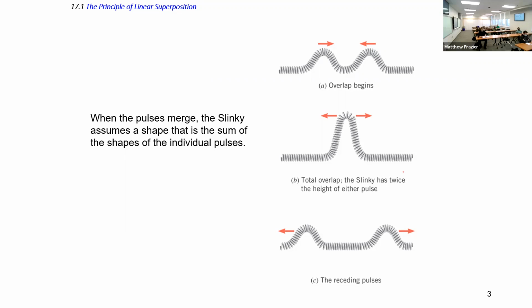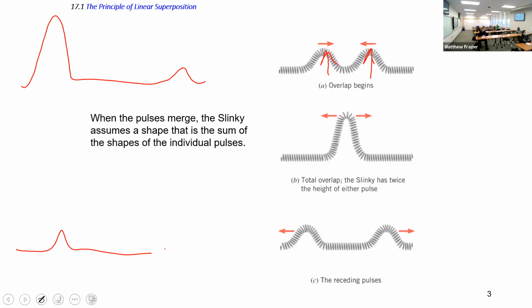So in this case, both upwards. Then they add up. And the waves don't interact with each other. They pass right through each other. In the lab, you could have seen this: send a big wave and a little wave, and the result after the addition would have been a little wave and a big wave.